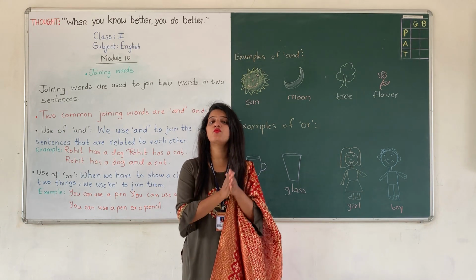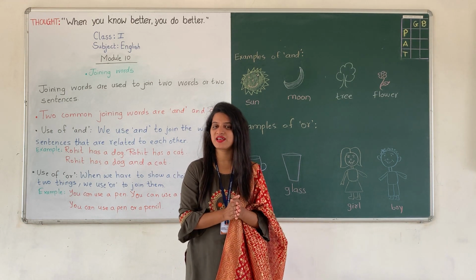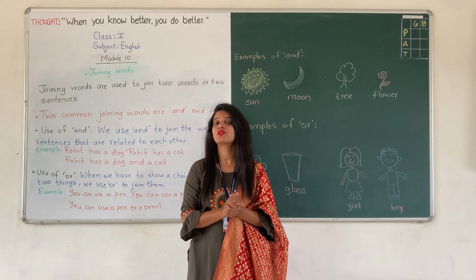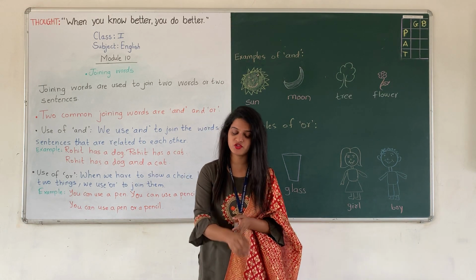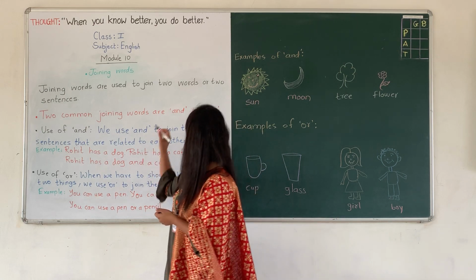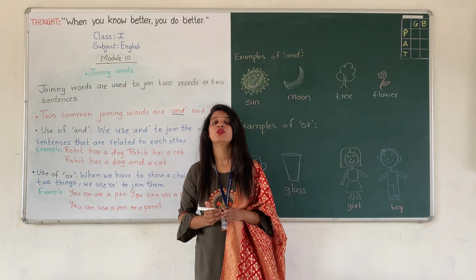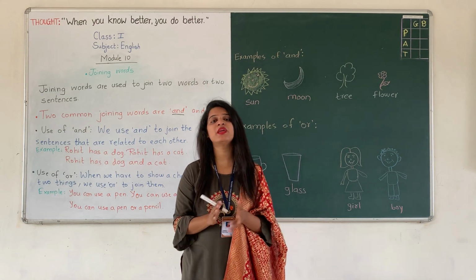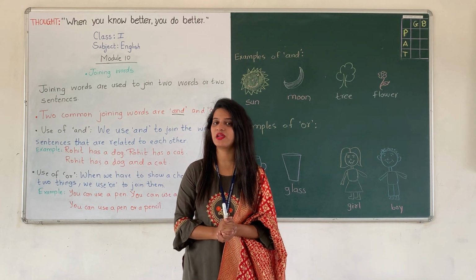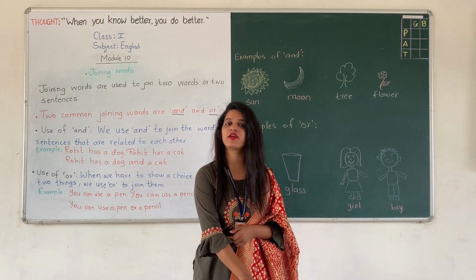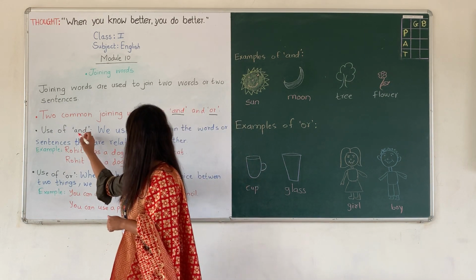Which are the two most commonly used joining words? They are and, or. First of all we will see the use of joining word and.